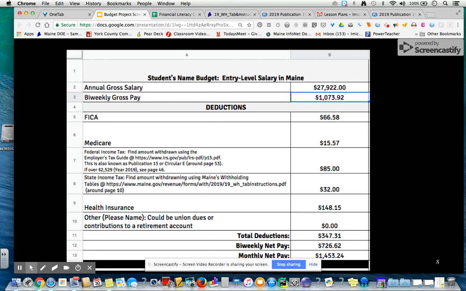Health insurance will depend upon your policy, the number of people on your plan, the type of plan you have, how much your employer may pay. So the $148.15 is just an estimation. Then we have total deductions.